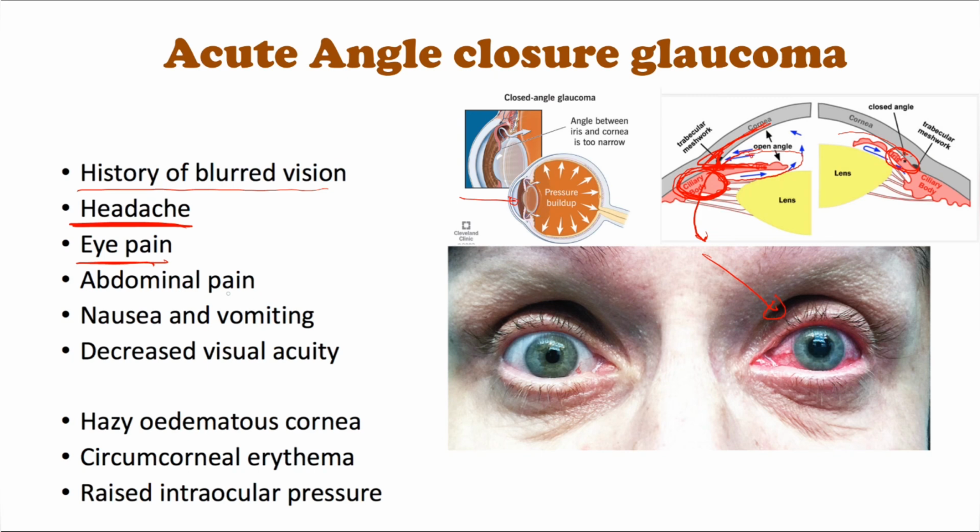There is eye pain. There is also abdominal pain, nausea, vomiting, probably due to pressure on the vagus nerve, and decreased visual acuity. On examination, there is a hazy edematous cornea, there is circumcorneal erythema, so there will be erythema around the eye. There is also raised intraocular pressure if you examine.